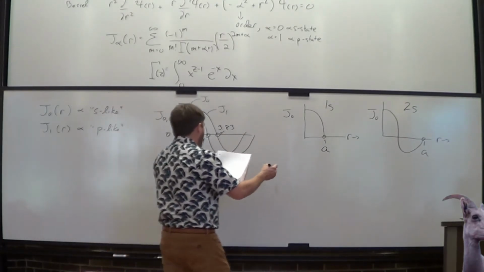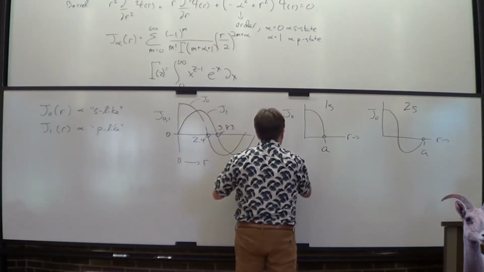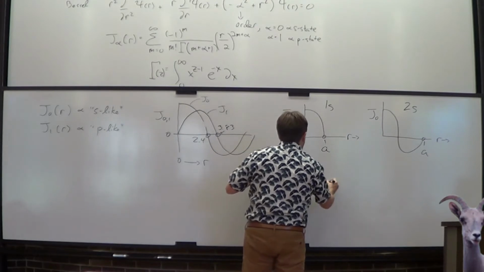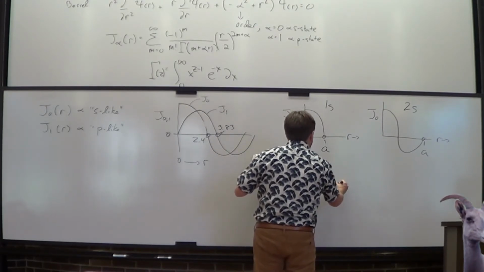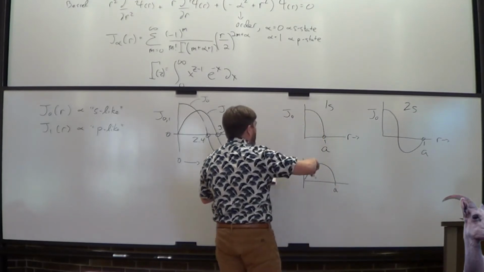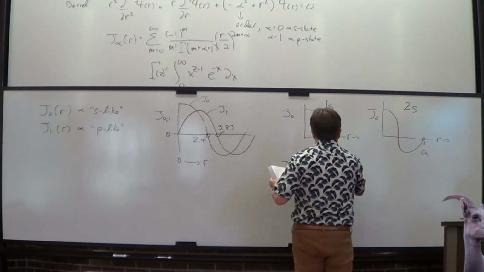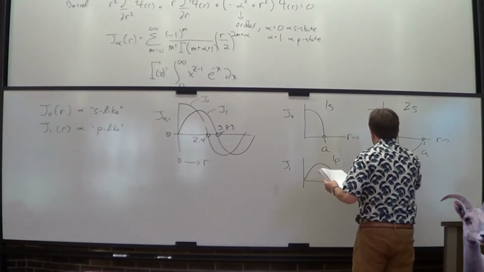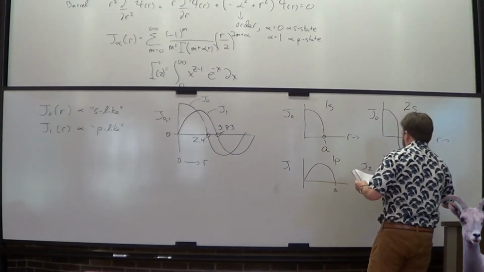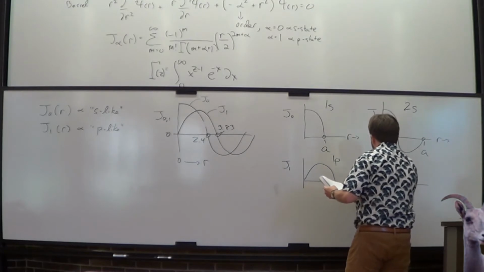Okay, now we can play the game for the P state. J1. So a 1P state looks like this. Again, it goes a little bit further than the 1s, so this is a 1P state. And then we have a 2P state, which again, at this point, I think you know how this game works.